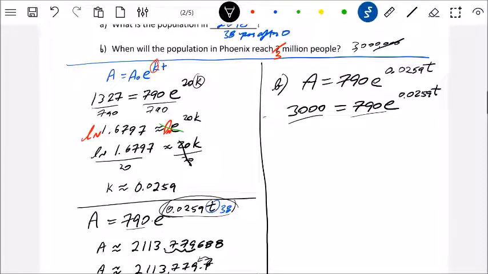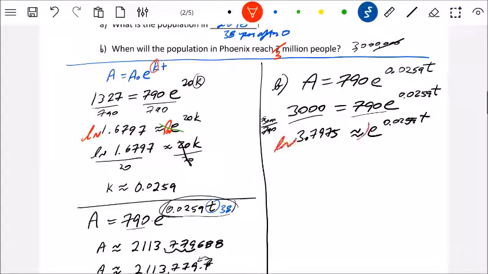And so we'll do 3,000 over 790, or divide by 790 on both sides. Get the number 3.7975, approximately, e to the 0.0259t. Now we'll apply the natural log on both sides, because that will enable that to go away.